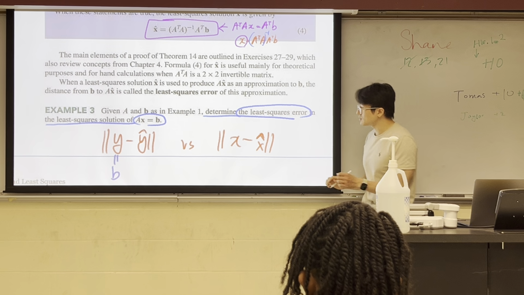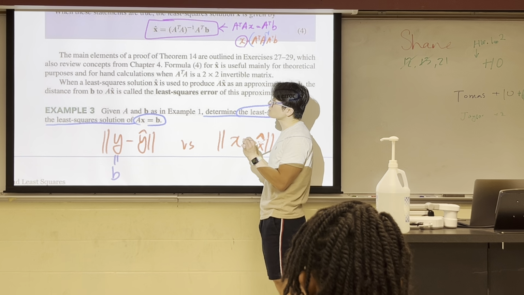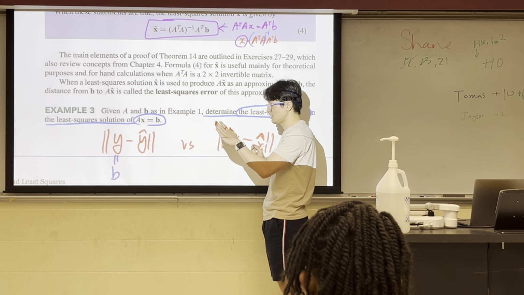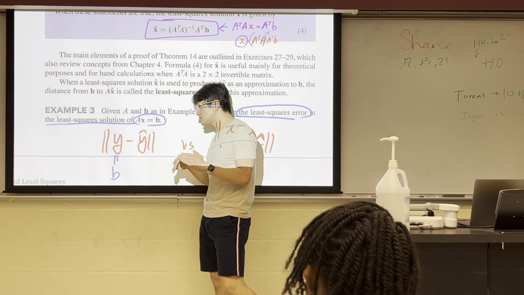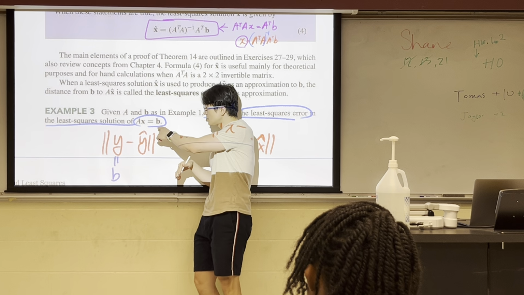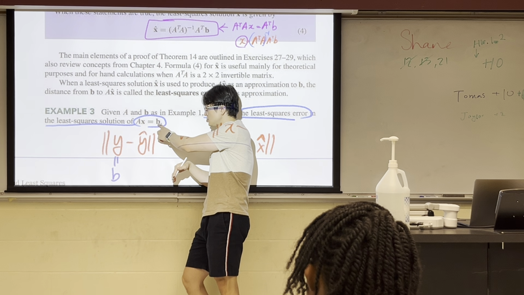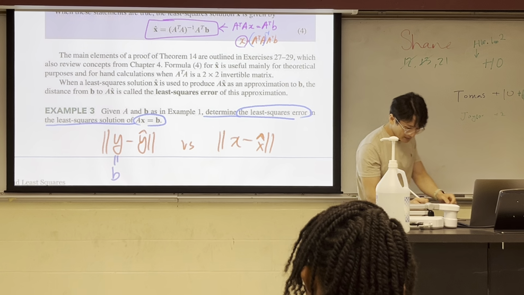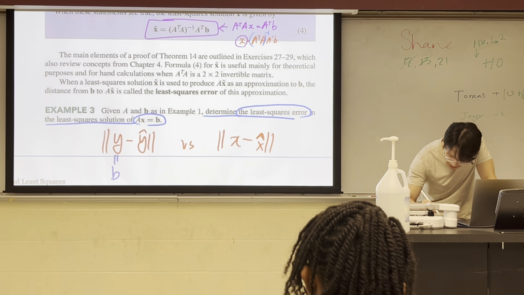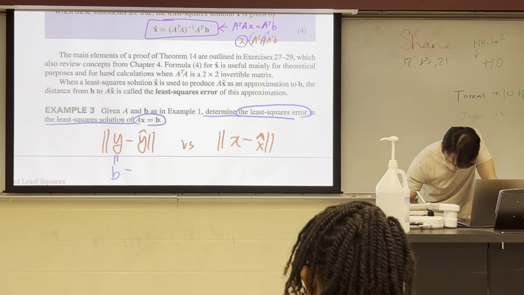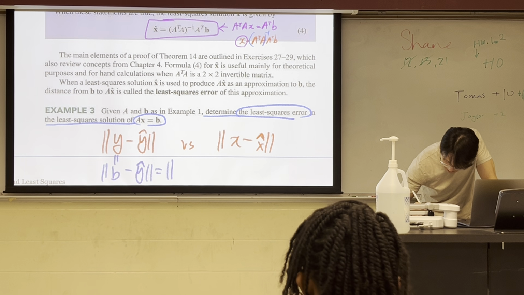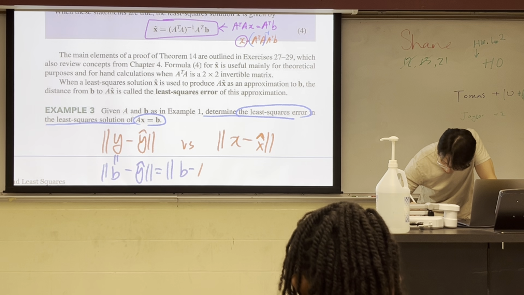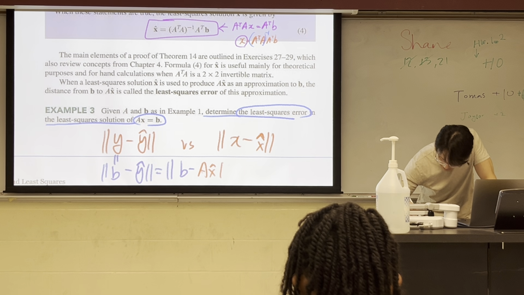The b is what I am trying to approximate. I don't have the column space that can span, that can cover this B. So I want to find the approximation, that is y hat, and that is B minus A times x hat.